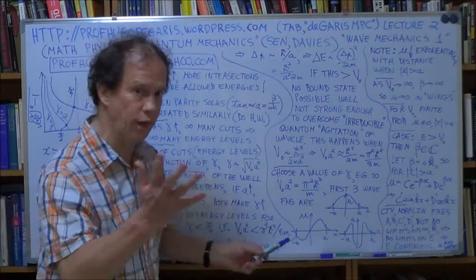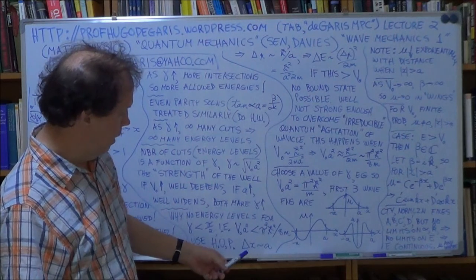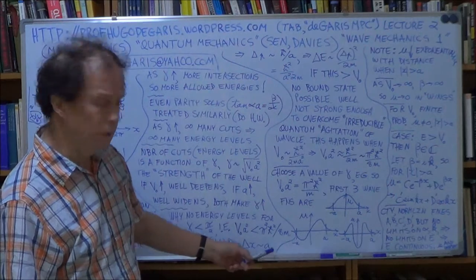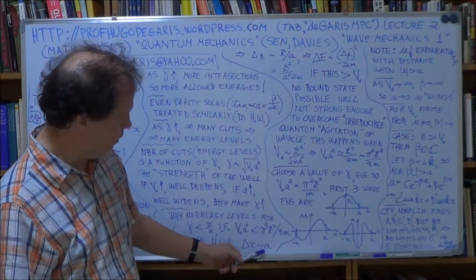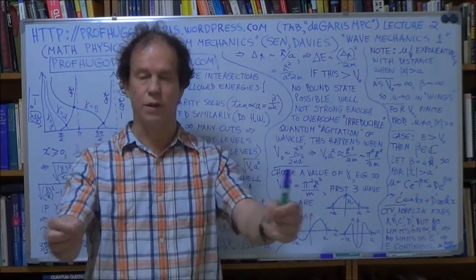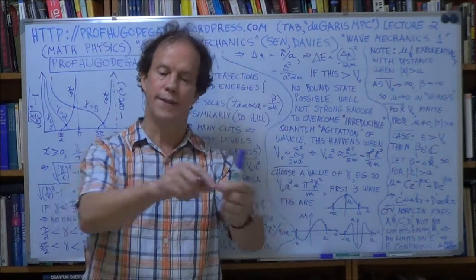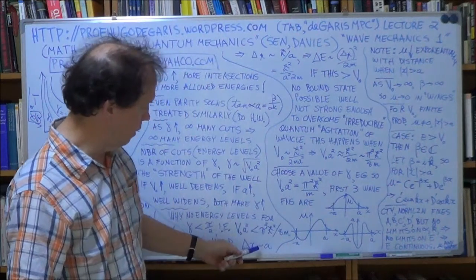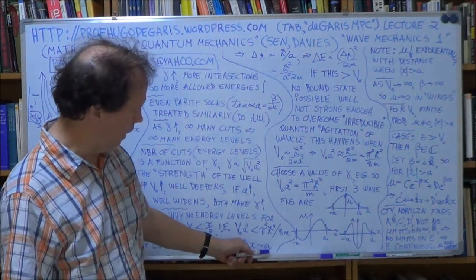Well, let's show that's true. Now, the uncertainty in the position, we've done this sort of thing before a little. The uncertainty in the position is about A, right? That's the width of your well. The particle is in there somewhere, but you're not sure where. So there's an uncertainty in the position that's more or less of magnitude A.